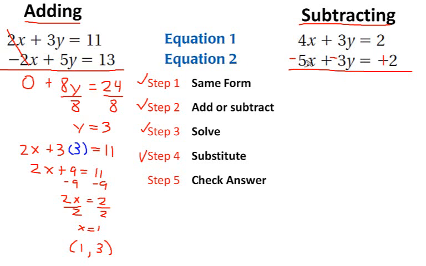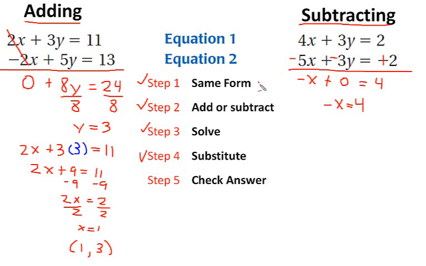But if you didn't change them, you would just subtract. So 4x minus 5x would give me negative x. 3y minus 3y is going to give me 0. And 2 plus 2 is going to give me 4. Alright, negative x equals 4.